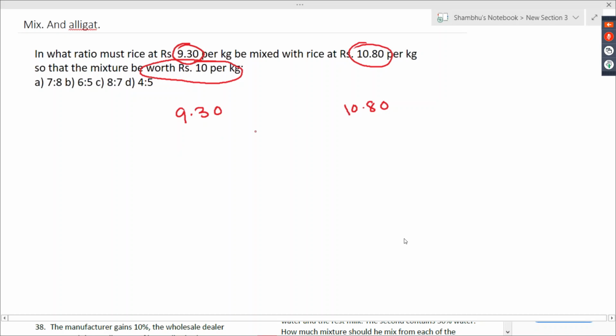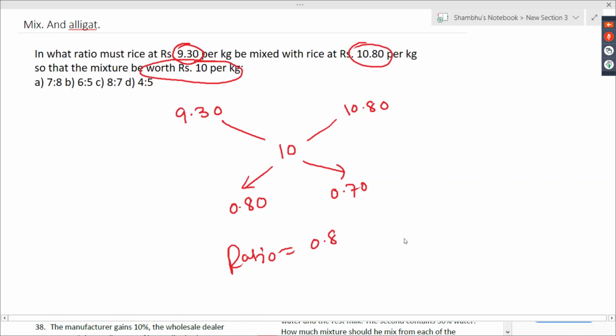So you write the mean price 10 here, and then you subtract. 10.8 minus 10 is 0.8, and 10 minus 9.3 is 0.7. So the ratio is 0.8 to 0.7. So directly I can say 8 is to 7.